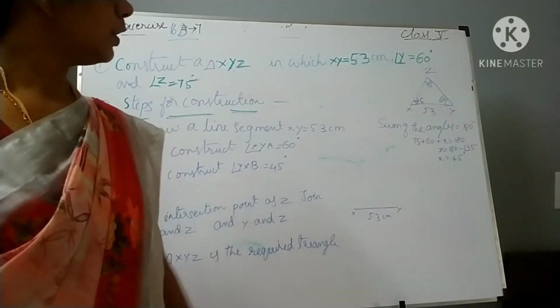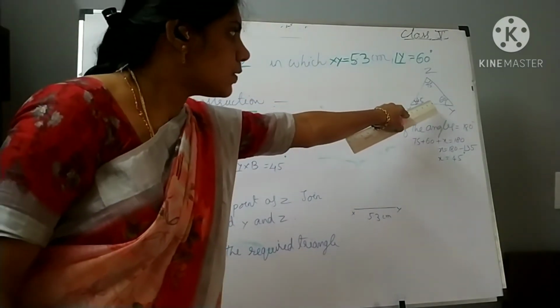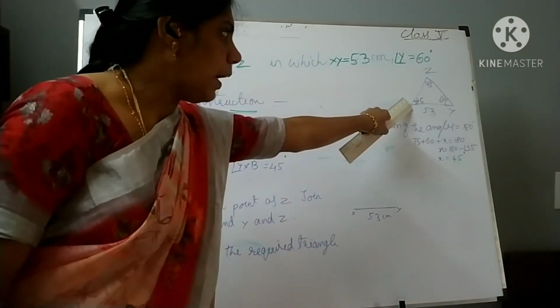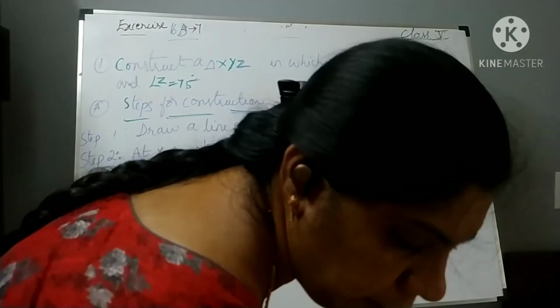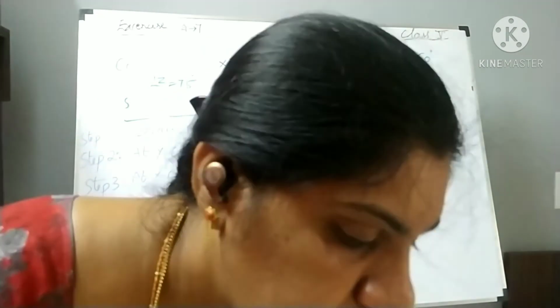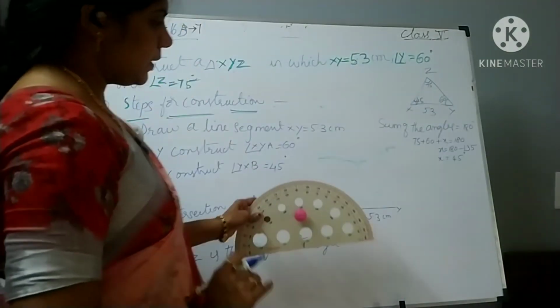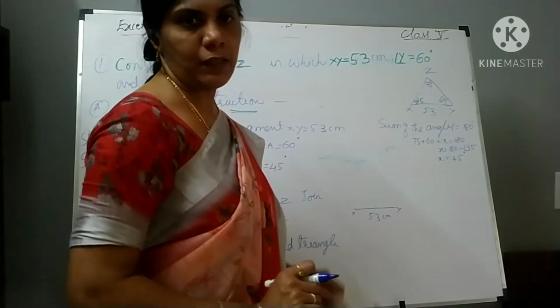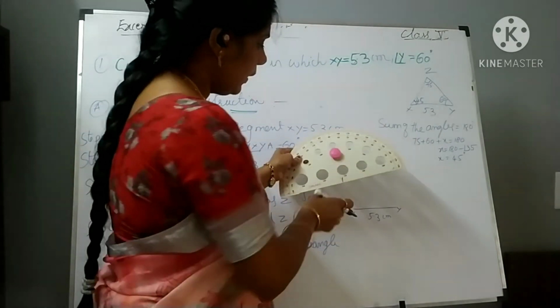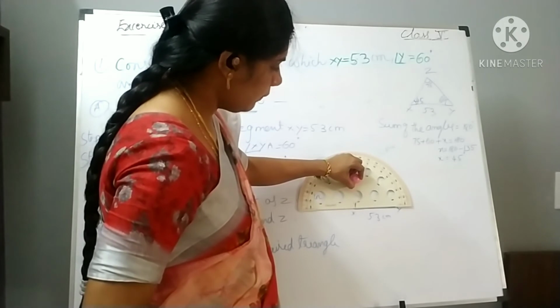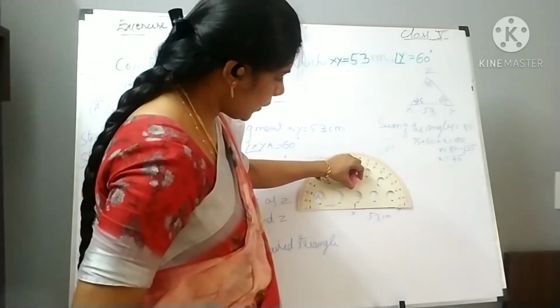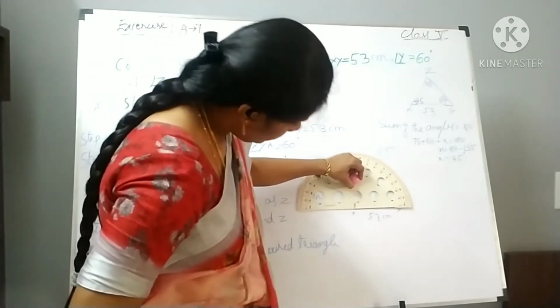What to do? They have given 60 degrees at Y, and we have found this X, that is 45 degrees, right? Measure that one first. Take 45 degrees at X. What is the angle? 45 degrees. Measure that one. Keep the midpoint at X and join this line with the horizontal line of this protractor.